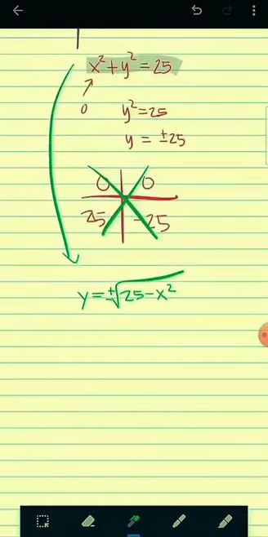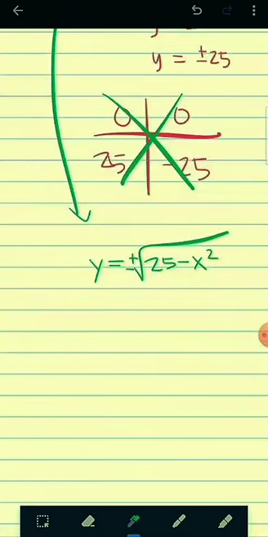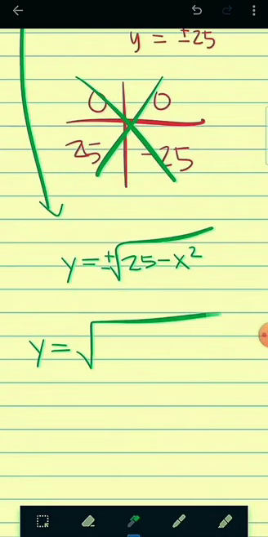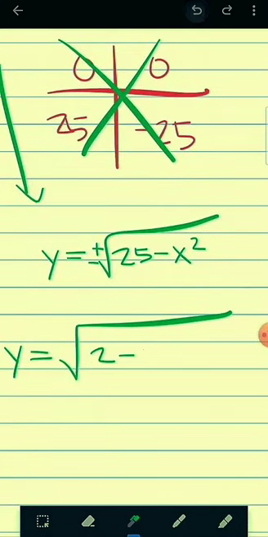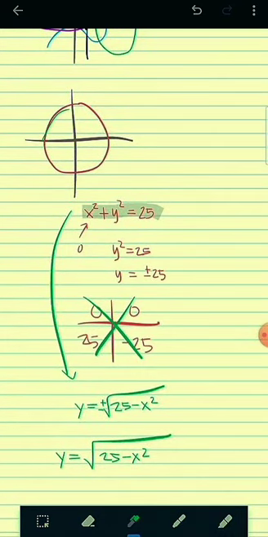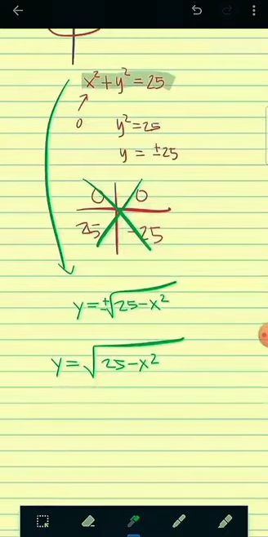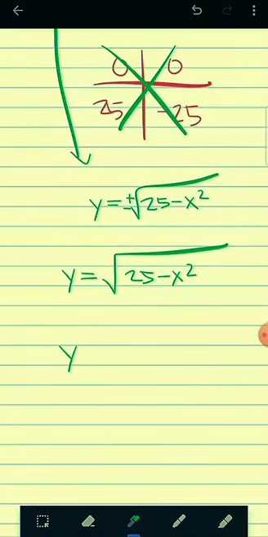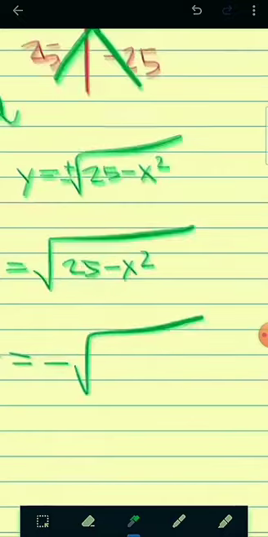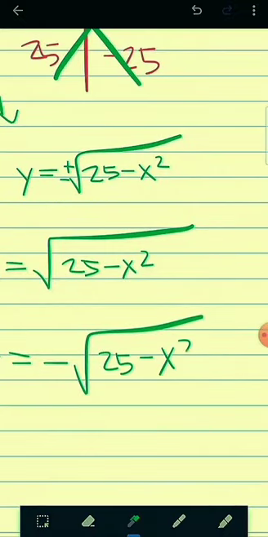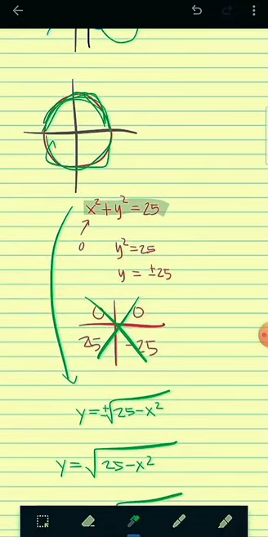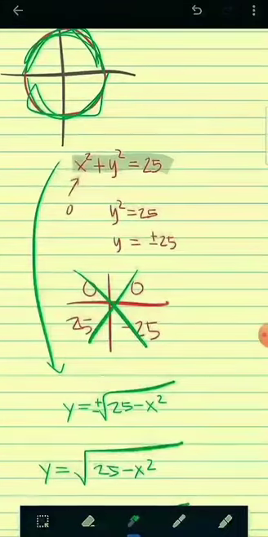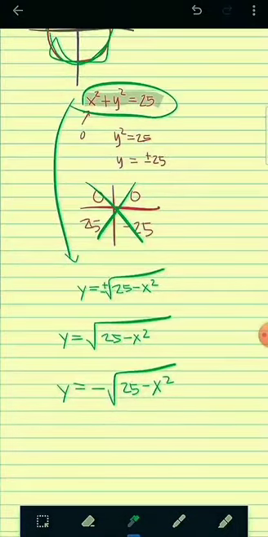And y equals the square root of 25 minus x squared refers to the upper graph, this one here. So that's y equals the square root of 25 minus x squared, and y equals negative square root of 25 minus x squared is this one.